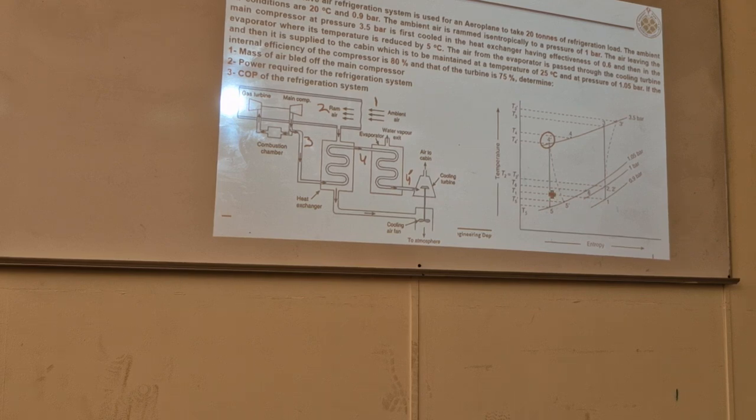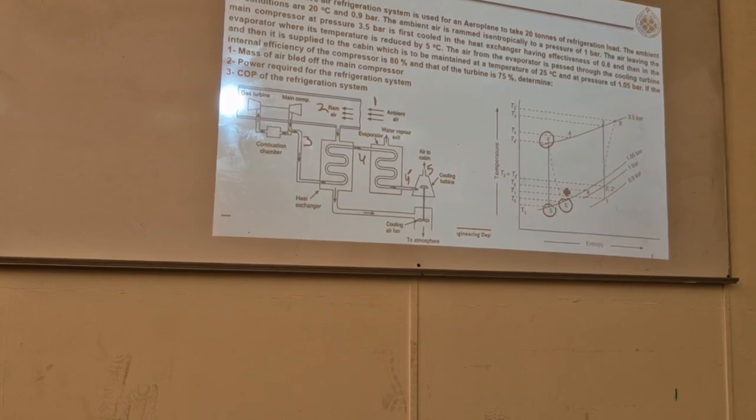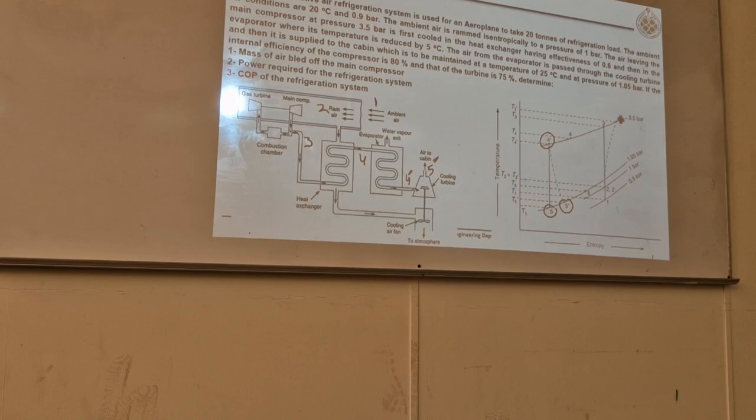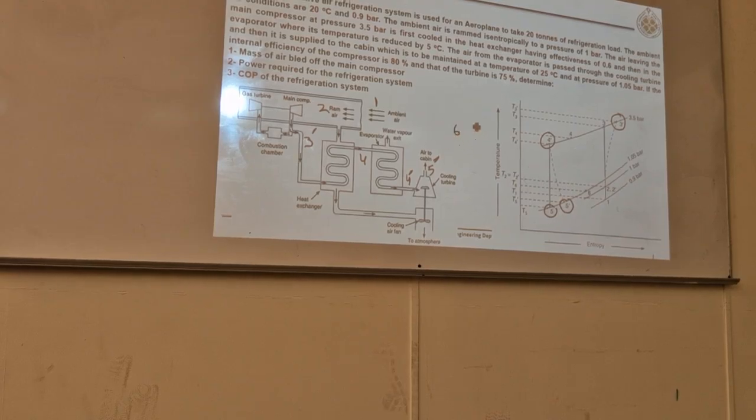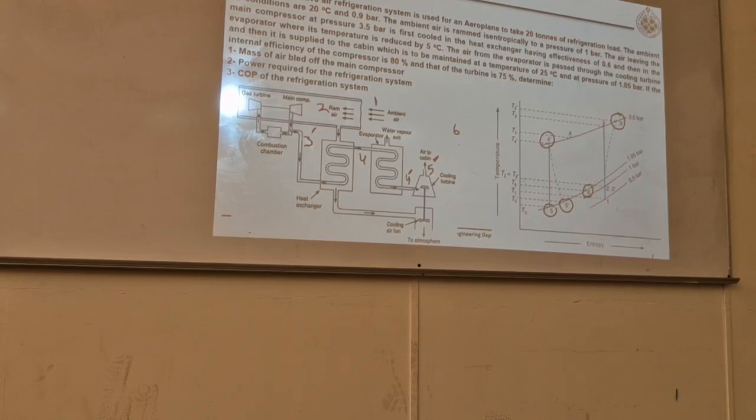And then 4 dash to 5. This is isentropic. Actual point is 5 dash. Similarly, at the exit of the compressor, actual point is not 3, it's 3 dash. Then it's 5 dash to 6. This is the cabin. You can use any other notations, it's up to you, of course.